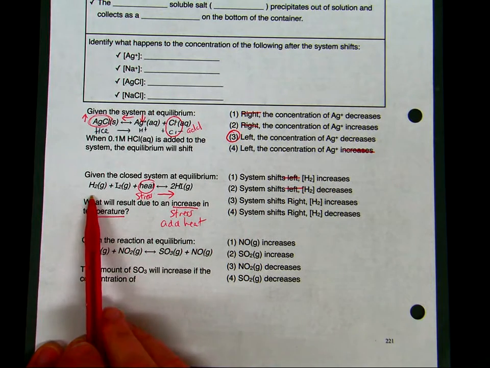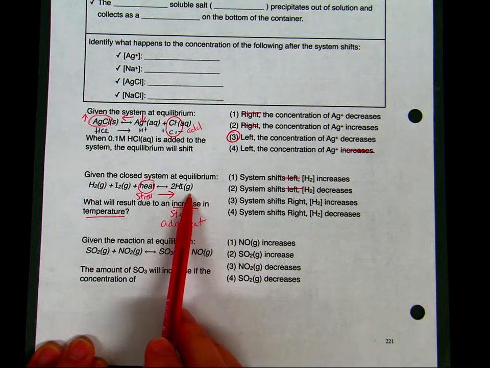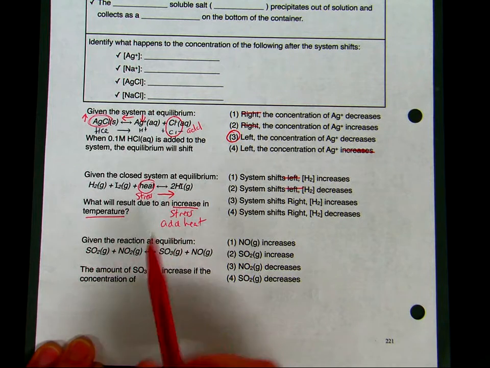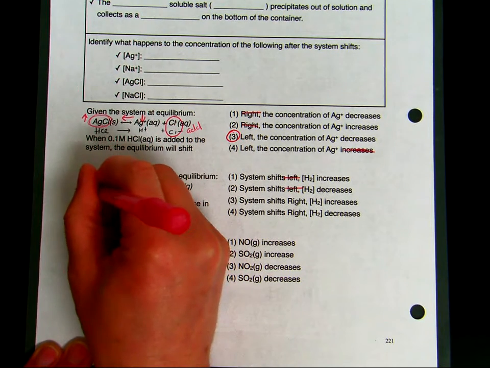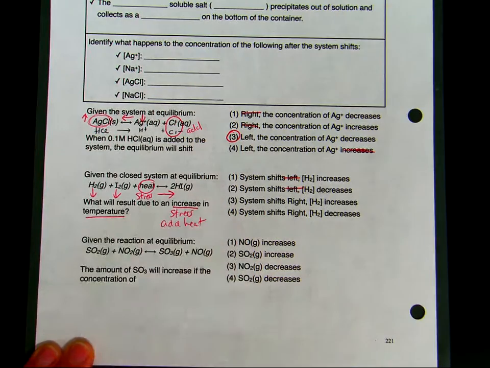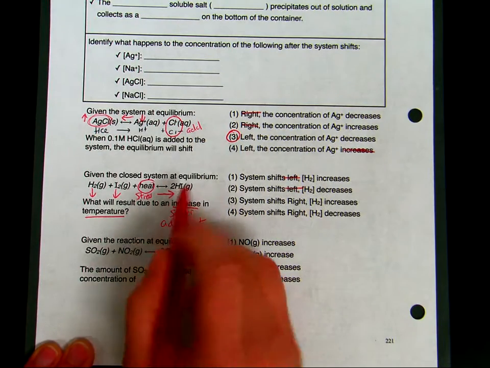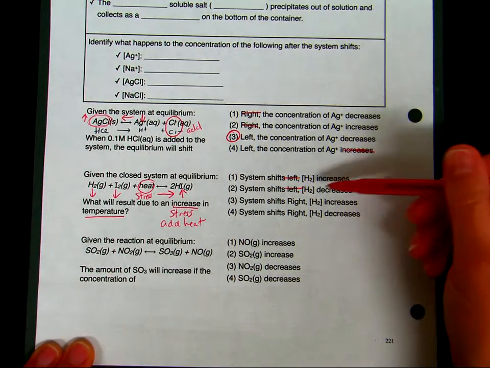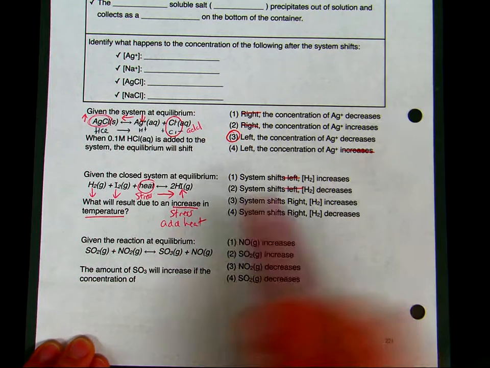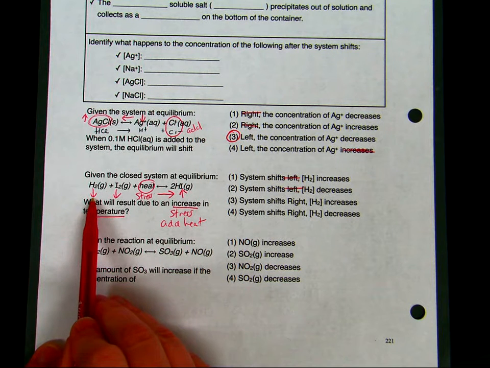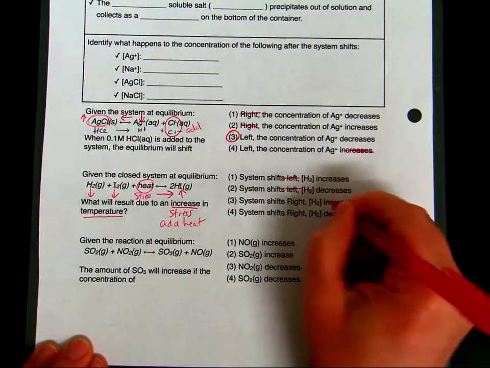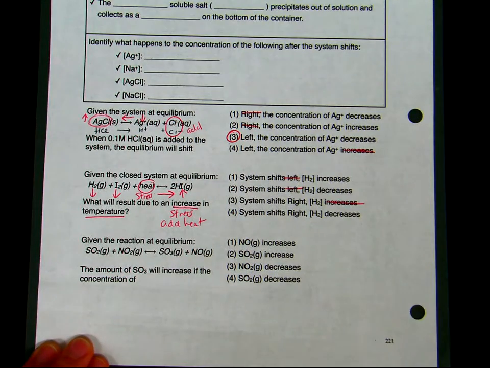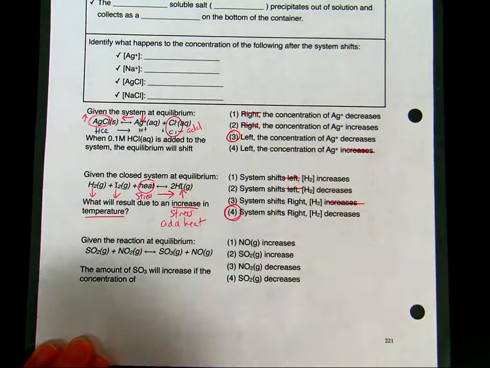When the system shifts from reactants to products, what we shift away from is used, so its amount available decreases, and what we shift towards, more is made, so it increases. So it talks about H2, which is a reactant, and its amount is decreasing because it's being used. So response 3 should be eliminated. Best answer is 4.